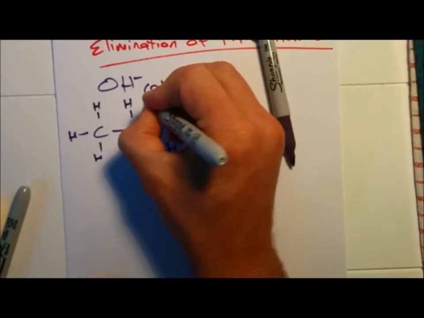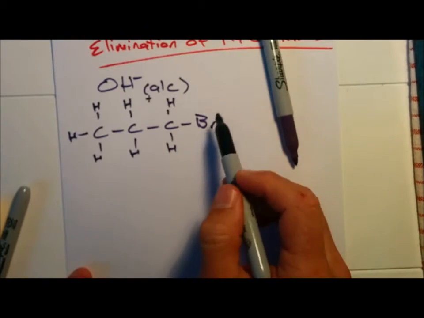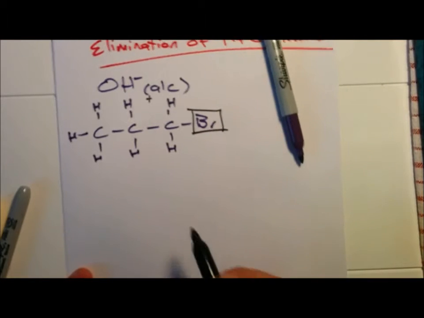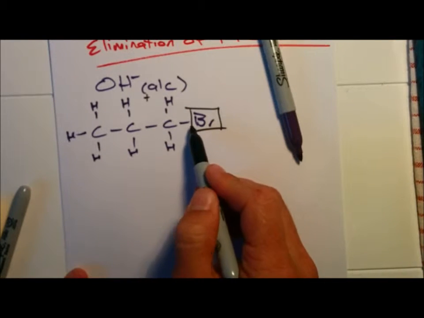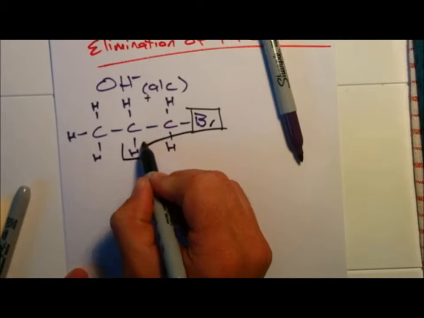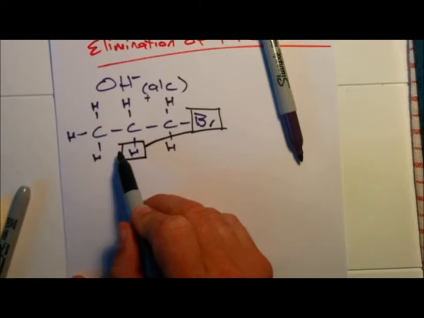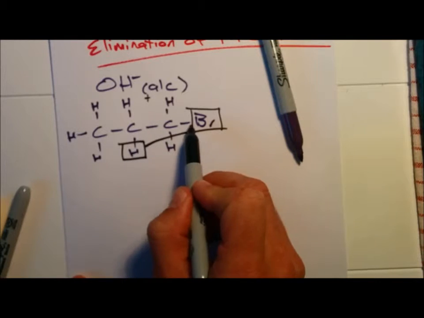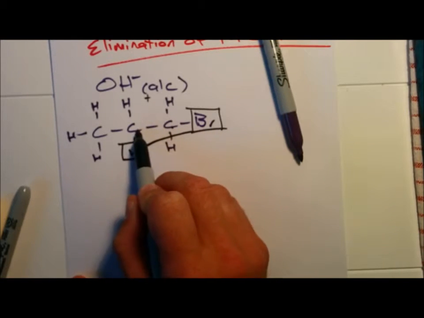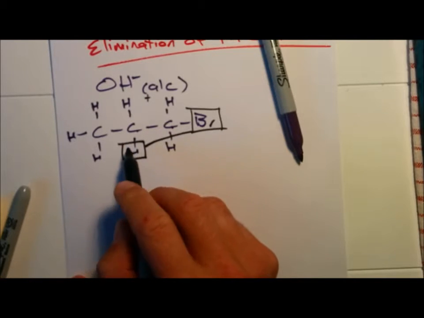so we add these two things together, we are going to eliminate the bromine and a hydrogen from an adjacent carbon. Now, if you look at this, I've drawn it a little bit confusing, but this is the carbon that the bromine's joined to, so the carbon that is adjacent to that is this one here.